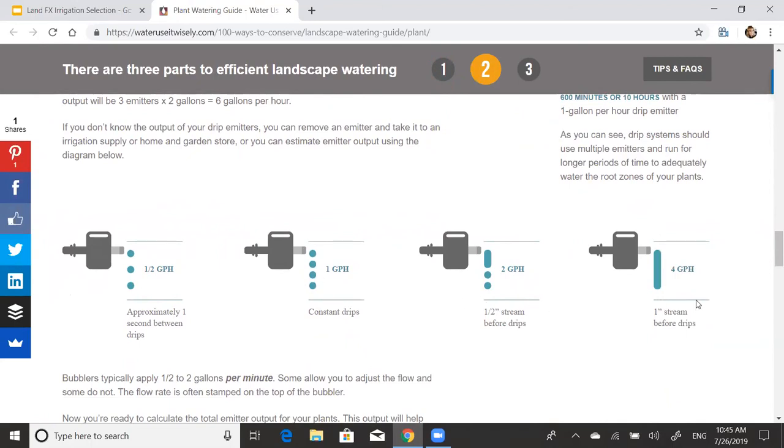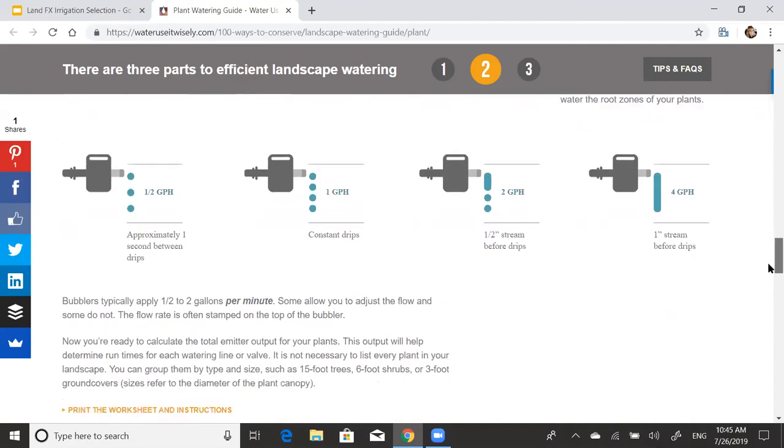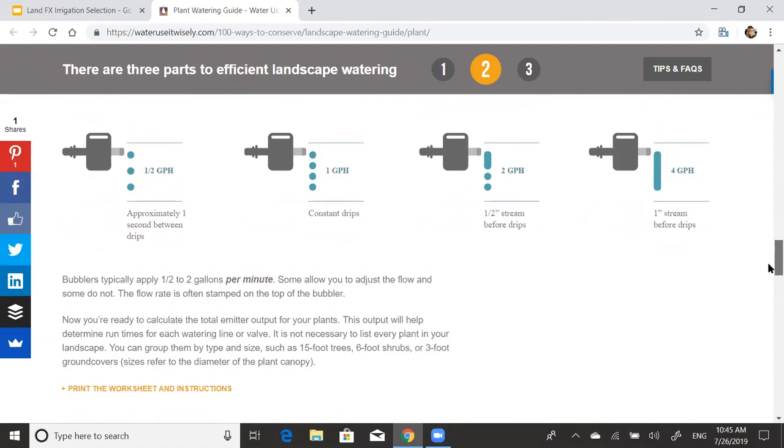And if you get up to the 4 gallon, it's more of a stream. When people see this, sometimes it makes you nervous because it doesn't look like a lot of water's there, but that's what drip is. It's putting it out slowly and getting it to the root zone, conserving water, but controlled. So it's a really good diagram of what drip emitters look like.